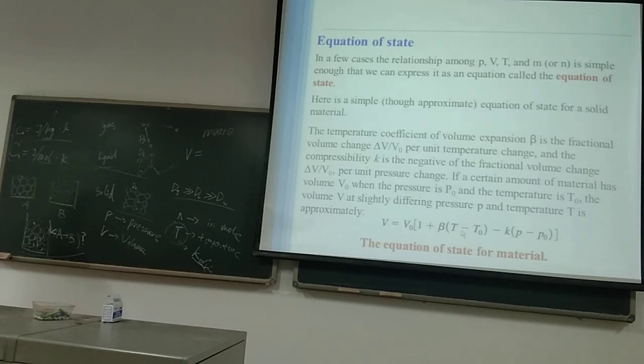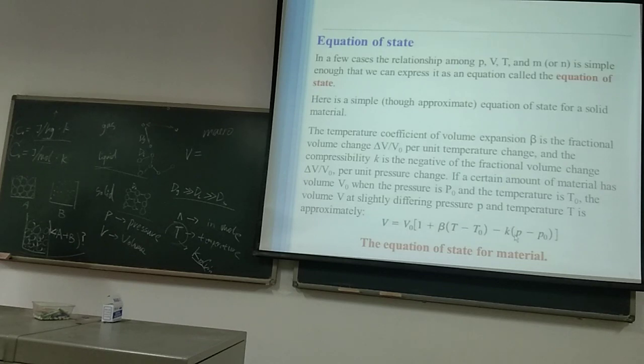As we know, some materials always expand when the temperature increases. Therefore, there is a positive sign for the beta. And the constant related to the pressure: naturally, the larger the pressure on something, no matter whether it is a solid or a liquid or a gas, the smaller the volume it is.